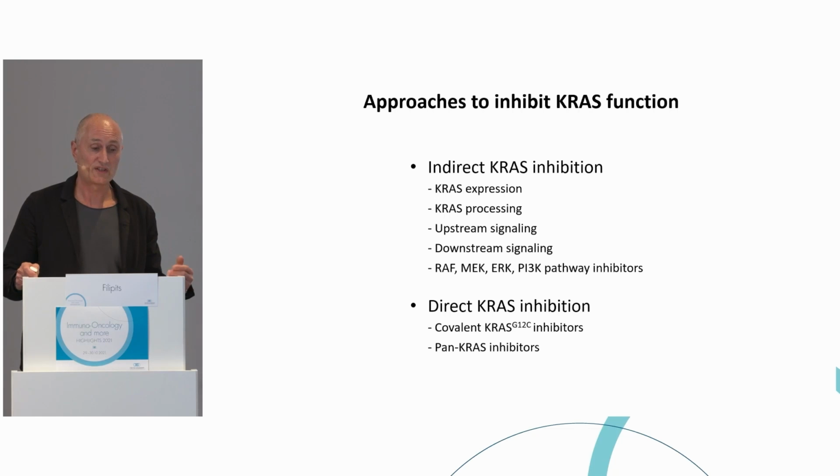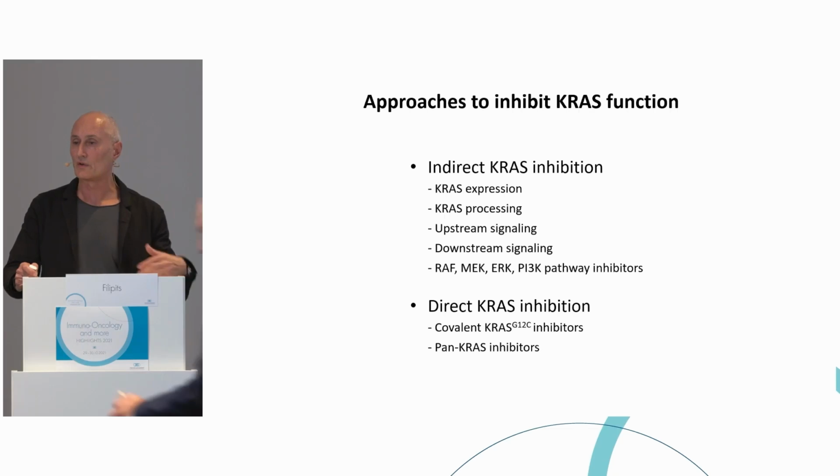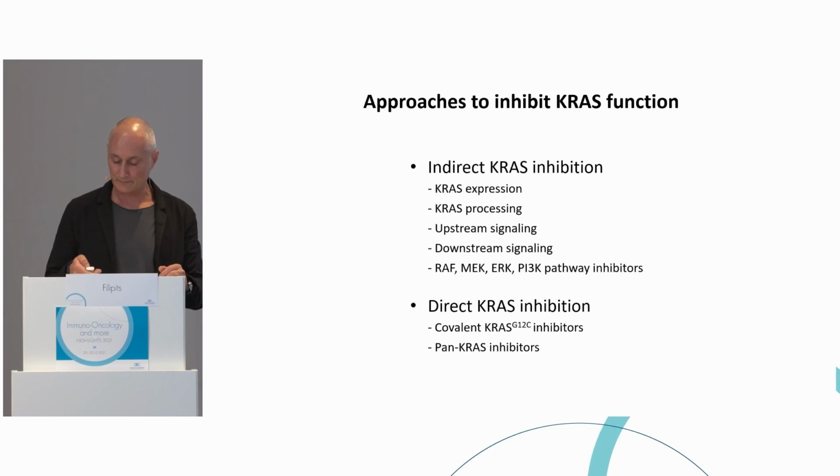Now the strategy has changed because of new information on the structure of KRAS. And direct KRAS inhibitors have been developed, such as covalent KRAS G12C inhibitors or pan-KRAS inhibitors, which also affect other mutations other than the G12C mutation.